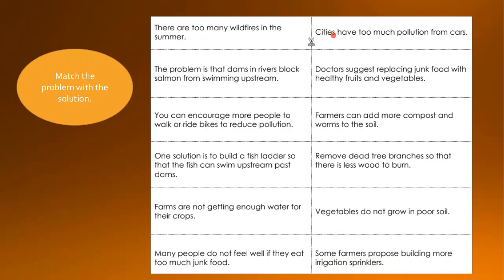Let's look and see if we can figure out a solution. Now, the solution might be over on this side or it could be on this side. What do you think would be the solution to too many wildfires in the summer? It's got to make sense. So we've got lots of things in here that could be considered solutions, but they may not match up with this. So how could we solve this problem?